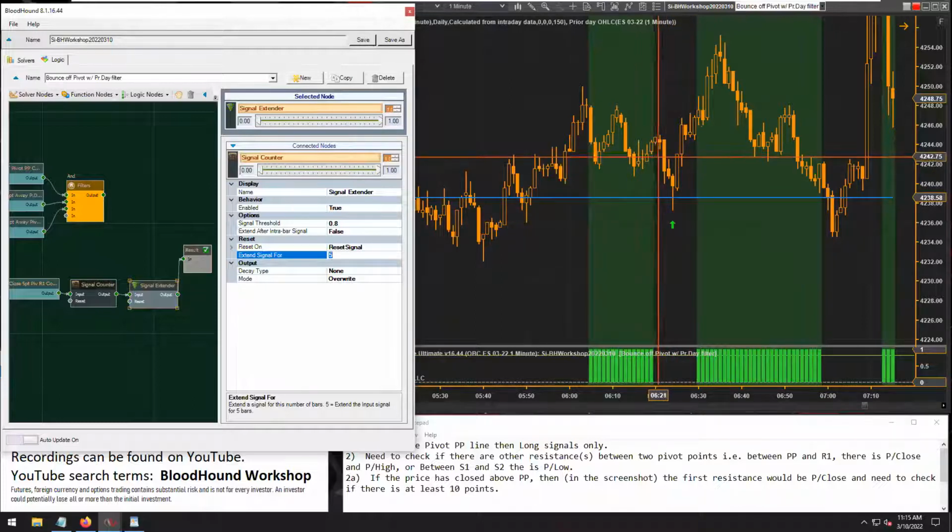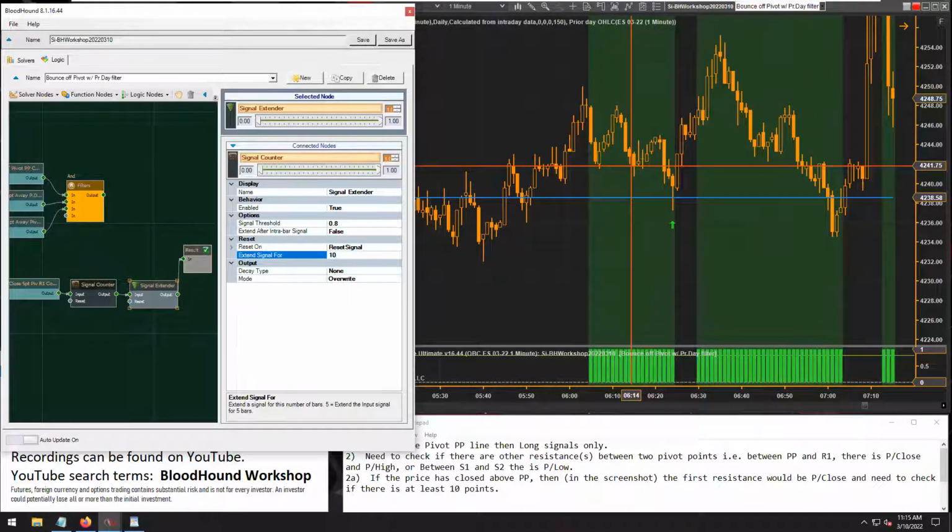Let's see. Yeah, we would need to go out 10 bars. There we go. Now we have a long output when price actually touches the support line there. So 10 bars would work there.